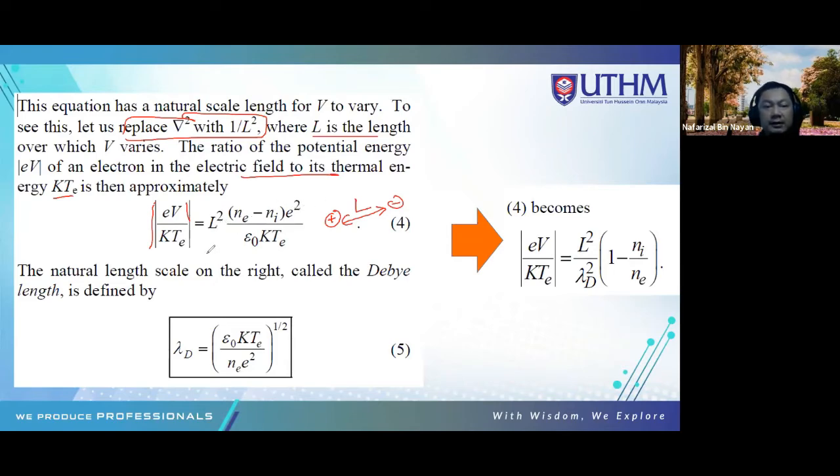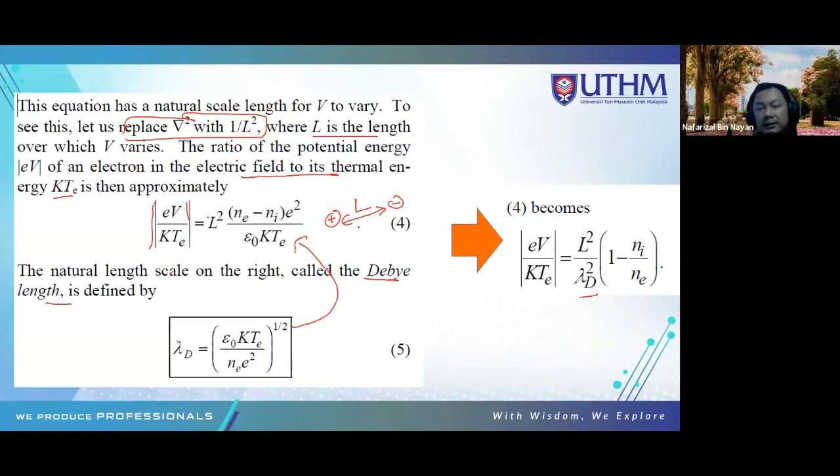So we can define this L, or the Debye length, by this value, which is delta. We put delta as this value with kTe, and if we define delta as this value, we can replace it in these equations. That's how we get this E, V, and also the L and the lambda here.